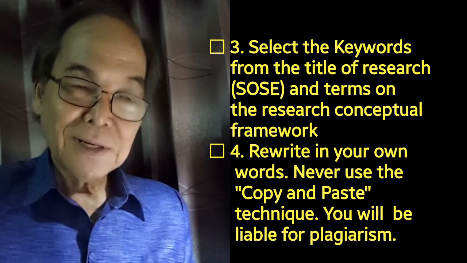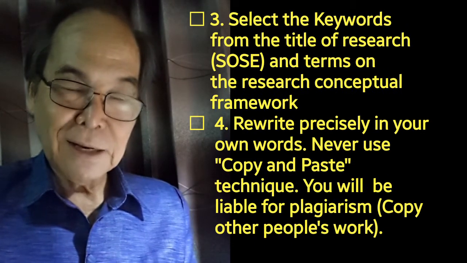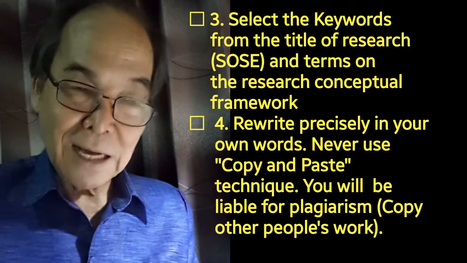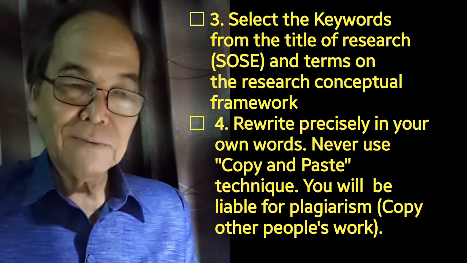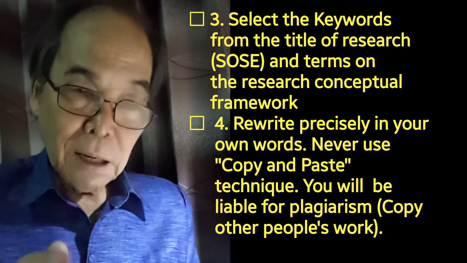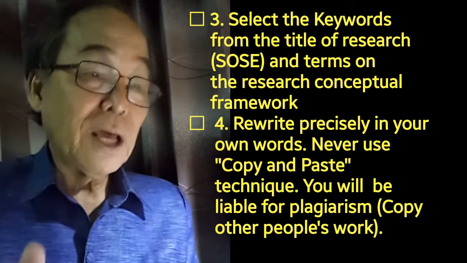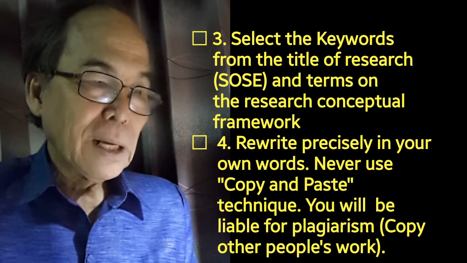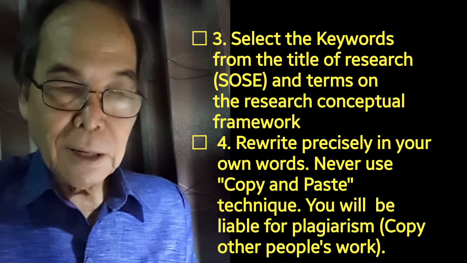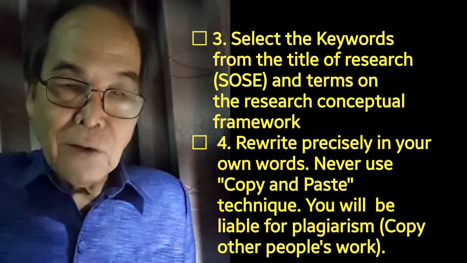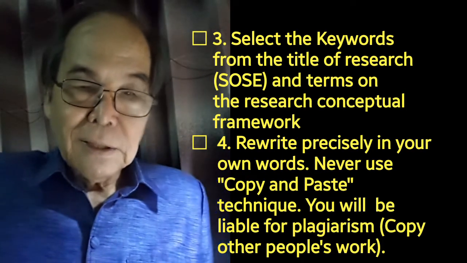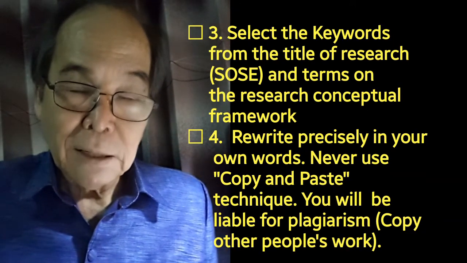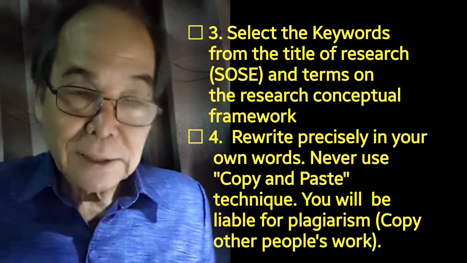Control C, and then you put your cursor somewhere and Control V, to paste what you have copied. Never do that. If you need to do that, you have to give a reference. So you have to write your review of literature or related research in a very precise manner, in your own words.